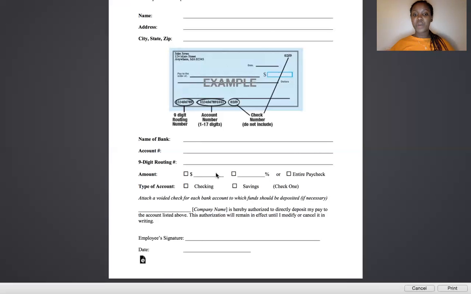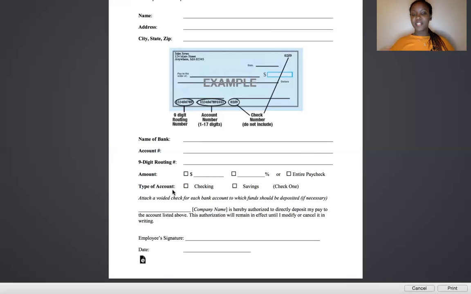So over here, you put how much you want to put in your direct deposit, or you can put the percentage. So if you put 50%, that means half. So half will go in direct deposit, and the other half will go in a check to you.